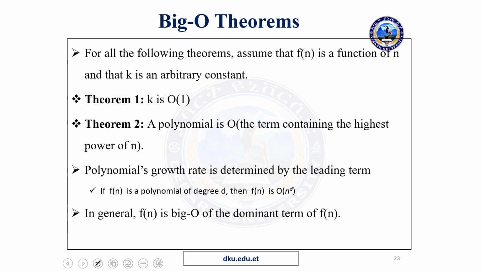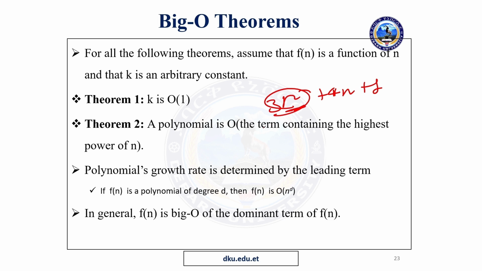For example, if we consider the previous one, 3n squared plus 4n plus 1, n squared contains the highest power of n. So we will consider this one only.